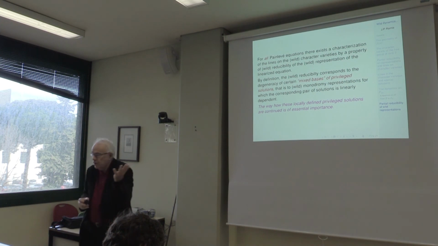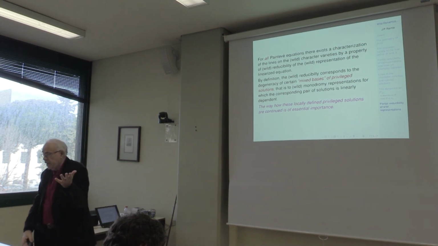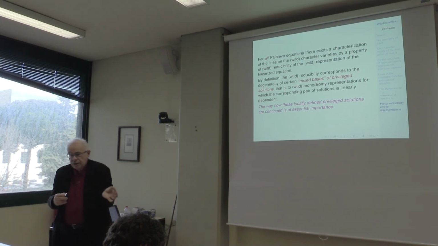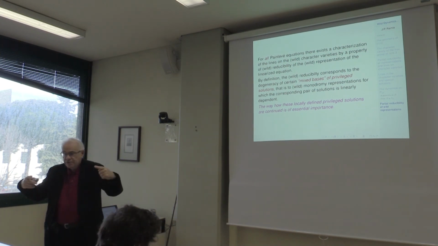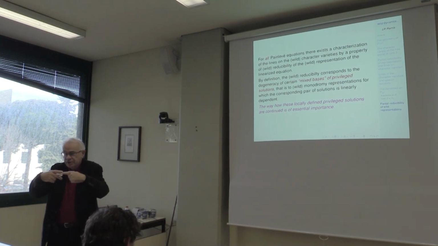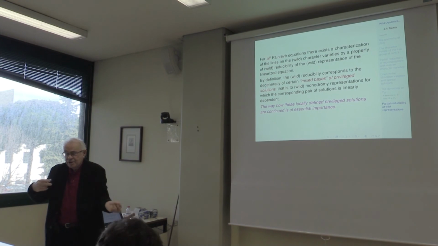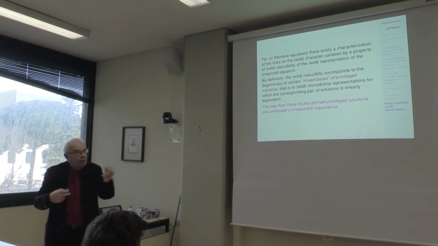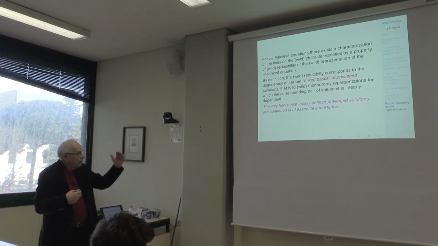So the picture is exactly the same for all the Painlevé. You have to be careful the way you extend when you want to compare two solutions in order to build a mixed basis. You have to be careful by which way you choose to extend the solution.